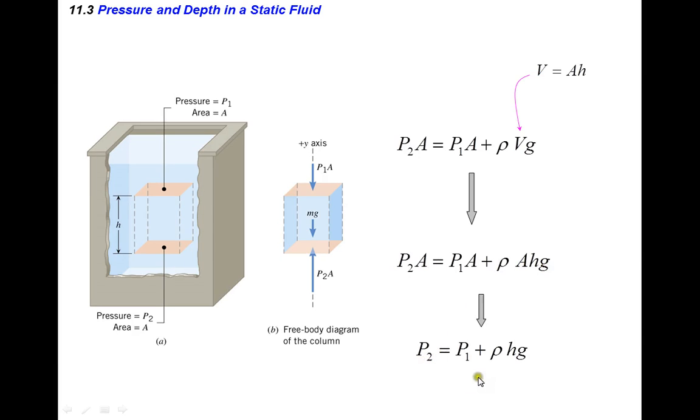So P2 equals P1 plus rho GH. That's an important equation. We will use that several times. So the deep pressure, the pressure further down in our column of water, equals the top pressure plus density times height times G.